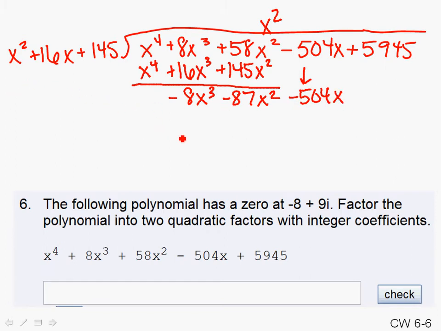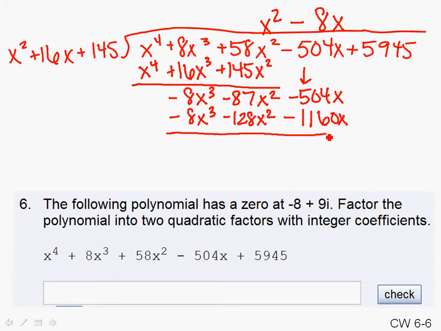Okay, x squared goes into -8x cubed, -8x times. -8x times x squared is -8x cubed, which will cancel out. -8x times 16x gives us -128x squared. And -8x times 145 gives us -1,160x. Okay, if we subtract those from the ones above them, these cancel out.